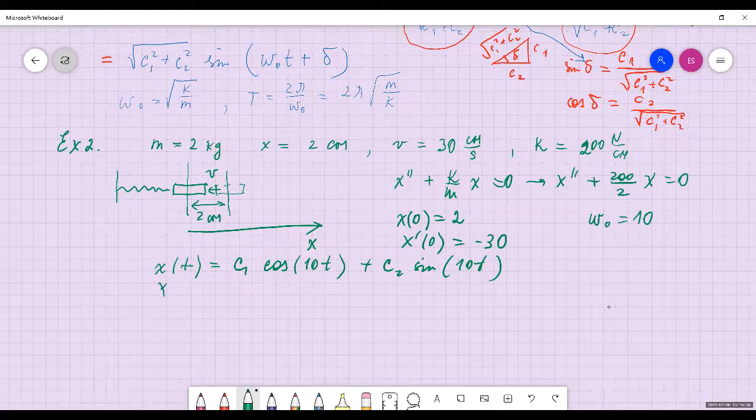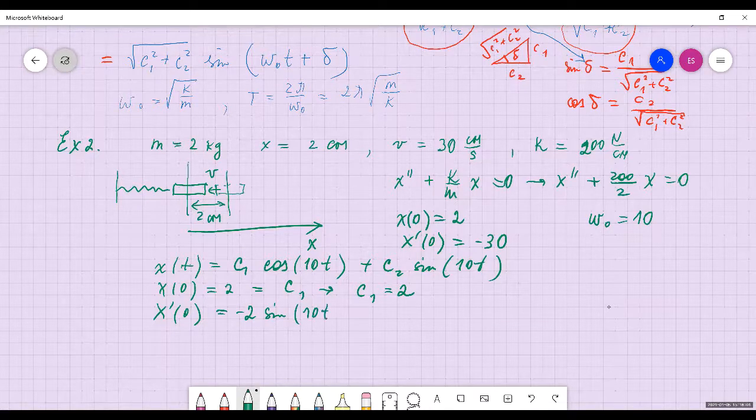So x of 0, which we know equals 2, is going to be equal to c1. So we do know that c1 equals 2. For x prime of 0, we'll need to differentiate this expression. We already know that c1 equals 2, so you can use it actually. So it's 2, the cosine is going to give us minus sine of 10t times 10.